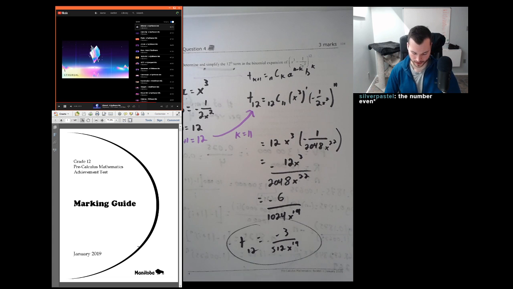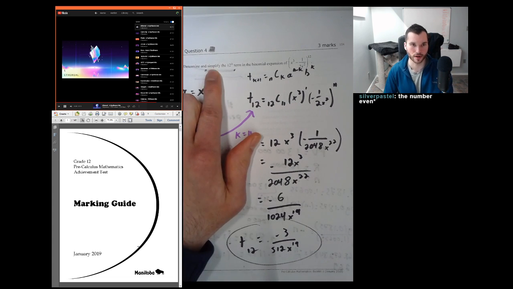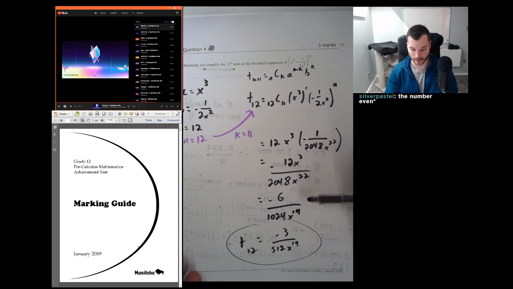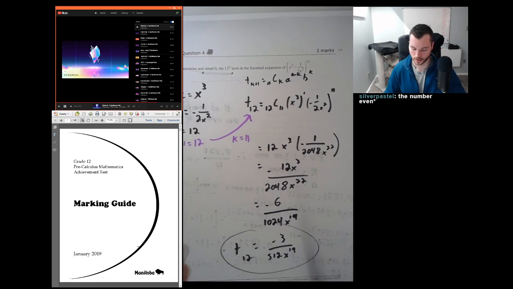Yes, you're right. We would still try to reduce it all the way down because it does want us to simplify, right? So we did the x here. If the x couldn't be, then that's fine, but we would still do our variables for sure. I hope that answered your question.